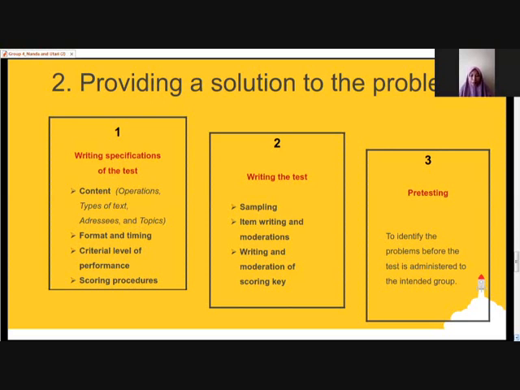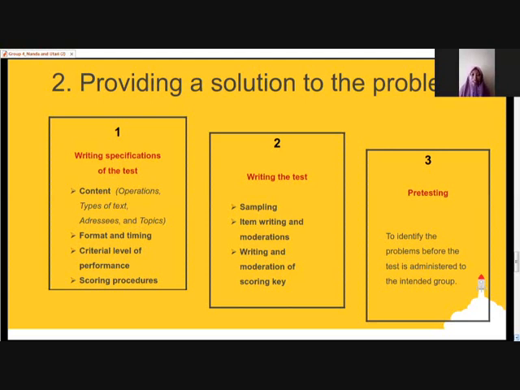It aims to identify the problems before the test is administered to the intended group. We can do this by administering the task to a group that is different from the group that we intend to test.